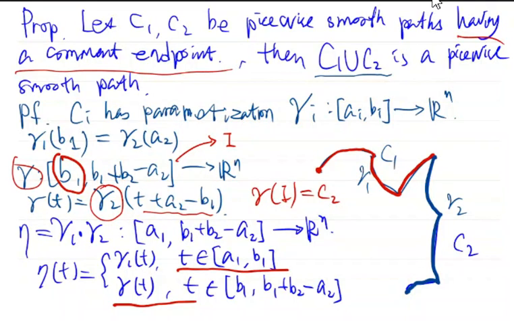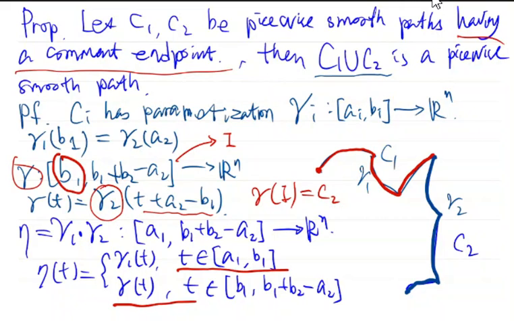Gamma 1 is defined on A1, B1 and ends at B1. Gamma 2 starts at A2, but A2 is not necessarily B1. But we can replace gamma 2 by a new parametric patch gamma, whose domain of definition starts at B1, and whose image coincides with the original gamma 2.